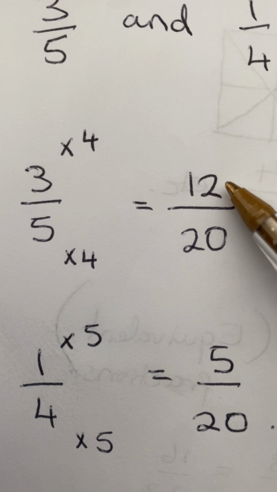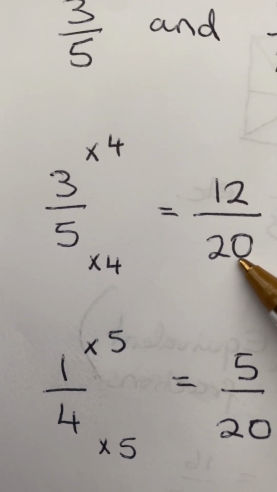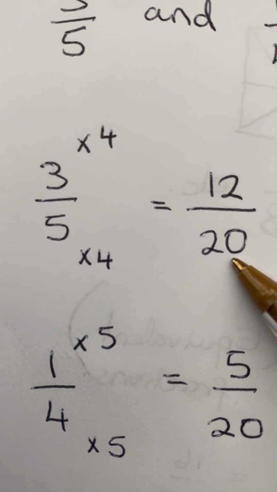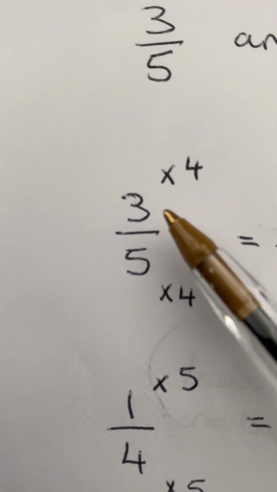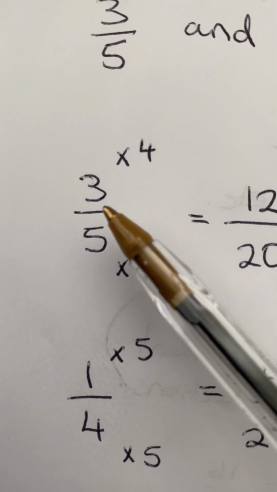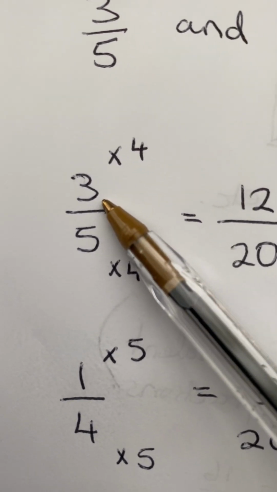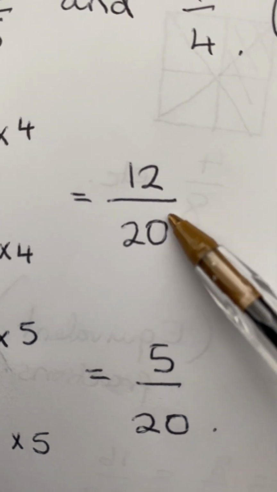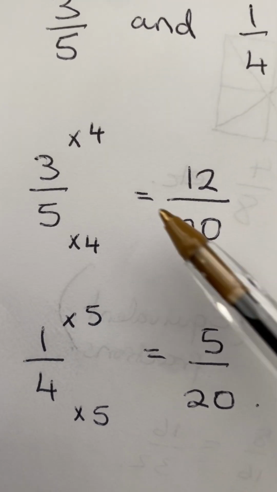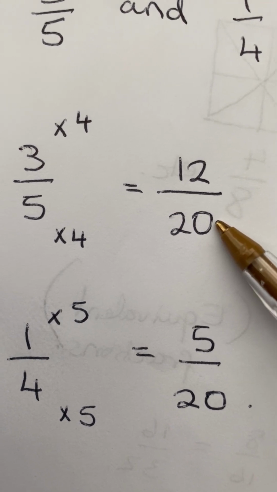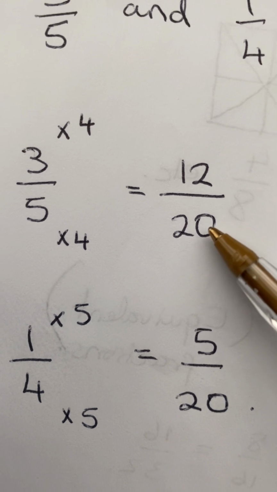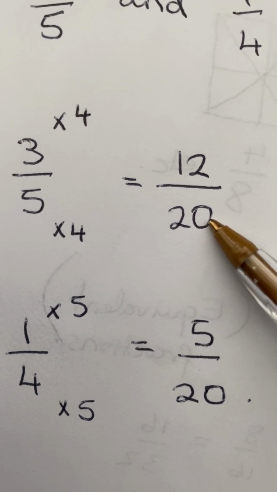If I reduce 12 over 20 and divide each by 4, I'm going to get 3 out of 5. So now 3 out of 5 equals 12 out of 20, which are equivalent fractions. All I did is change the denominator to 20.